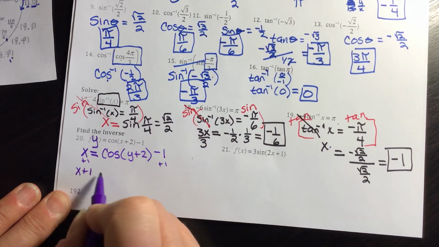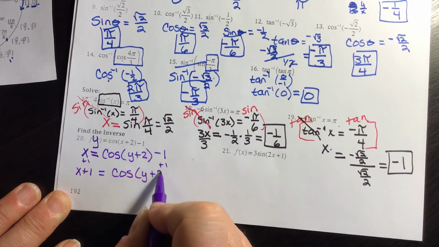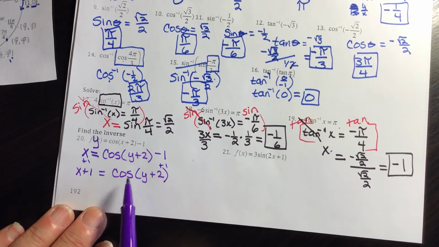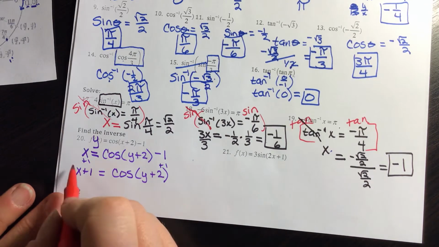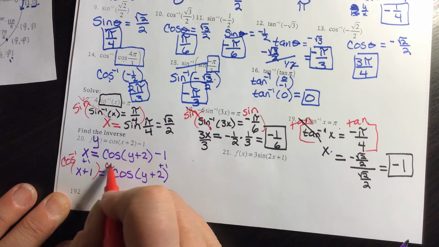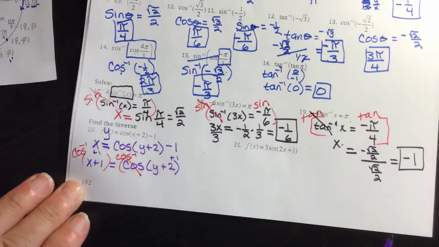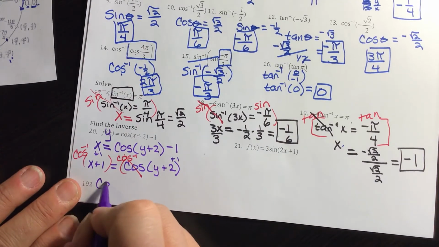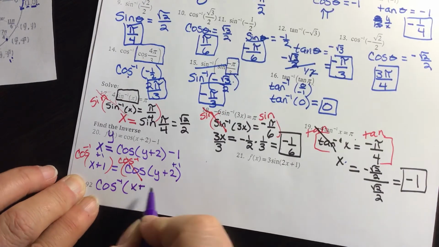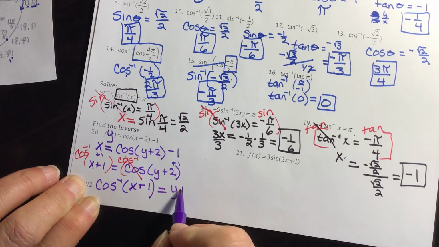So x plus 1 is cosine of (y plus 2). And to get rid of this cosine here, I'm going to do inverse cosine on both sides so that these cancel. So I have inverse cosine of (x plus 1), running out of room, equals y plus 2.